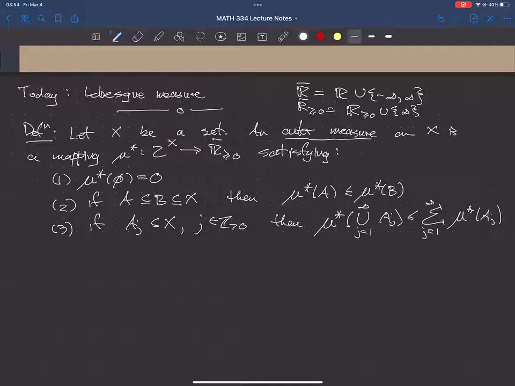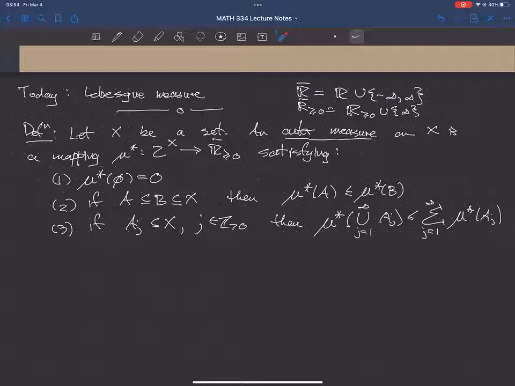All right. So these are certainly things you would expect any notion of measure to have. So this condition makes sense, right? You want something that consists of nothing to have no measure. This is a monotonicity requirement, and again, any reasonable notion of measure should have this property. This one also seems reasonable. This is what's called countable subadditivity.